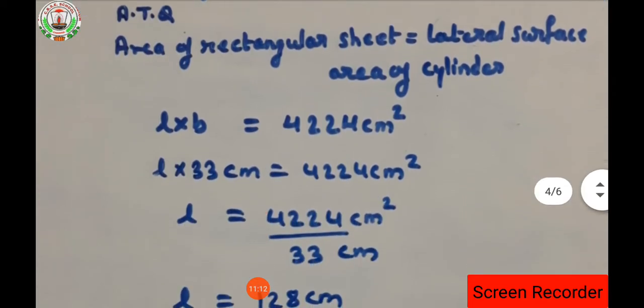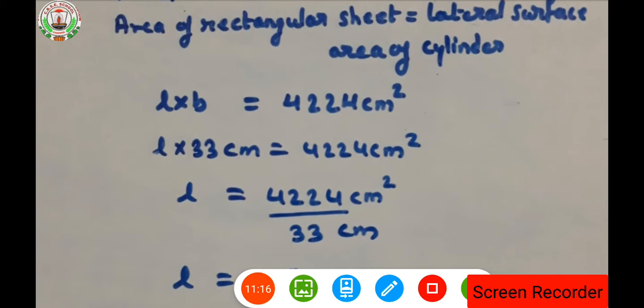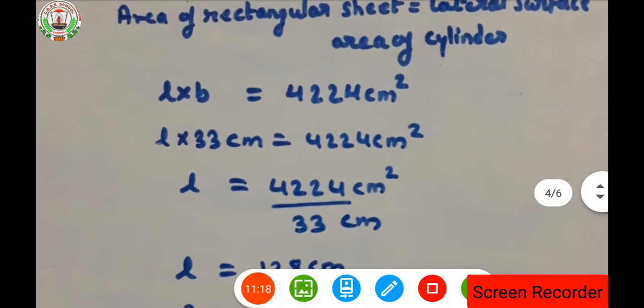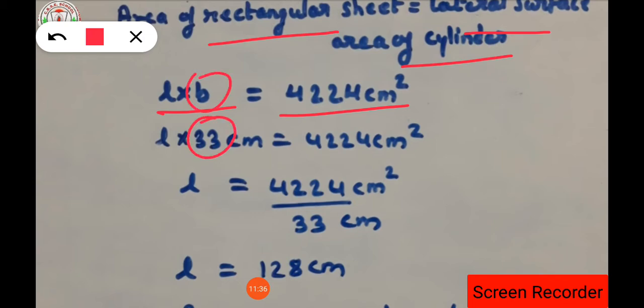Clear? So according to the question, what is the formula for the area of the rectangle? That is L into B, and the lateral surface area of the cylinder is given as 4224 centimeter square. Now breadth is given as 33, isn't it?